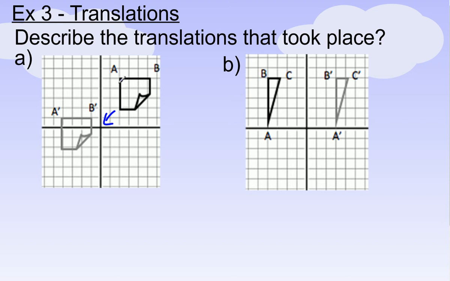Well, what I would do, honestly, is I would pick one point and see what happened. How did I get from here to down there? Well, I had to go down 1, 2, 3, 4. And to the left, 1, 2, 3, 4, 5, 6.